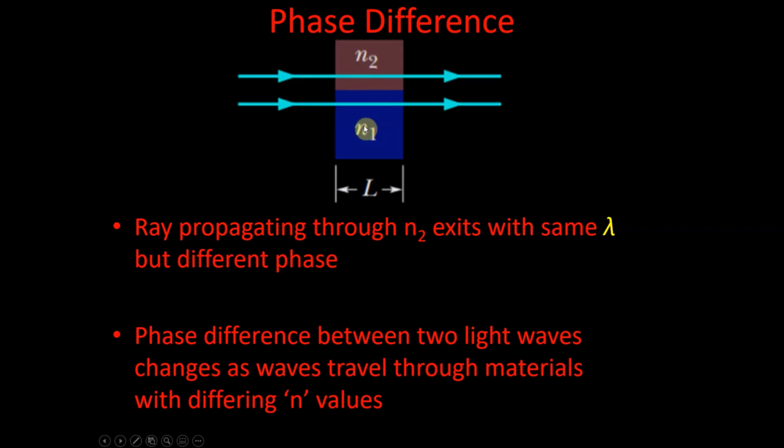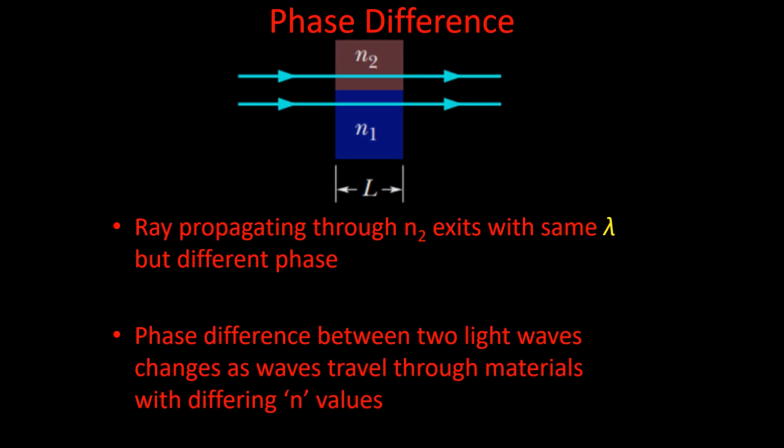The ray that goes through N2 will exit with the same wavelength, but a different phase. So here, the wavelength of the light entering this medium N2 is the same as the wavelength of the light entering N1. As they leave, they will both have the same value of lambda, but will now have some different phase to them.